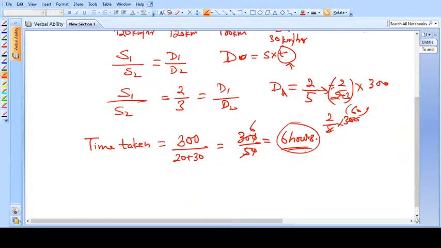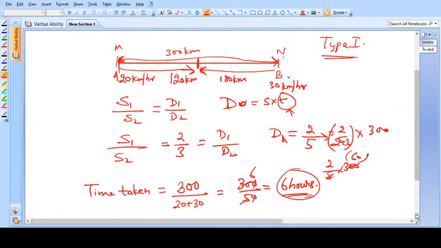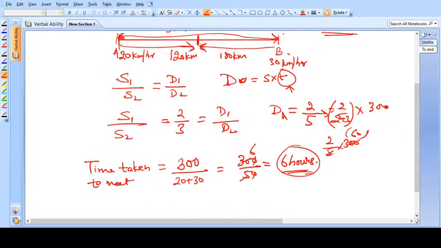So 6 hours will be the time taken to cover the whole distance by both of them, or the time taken to meet.